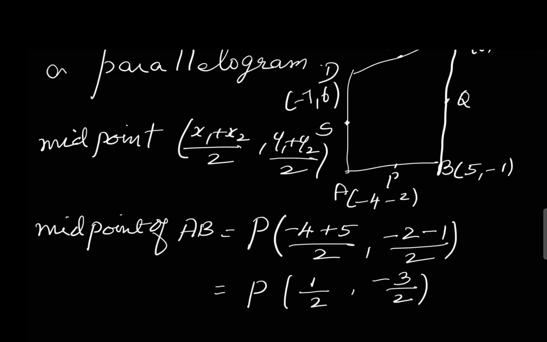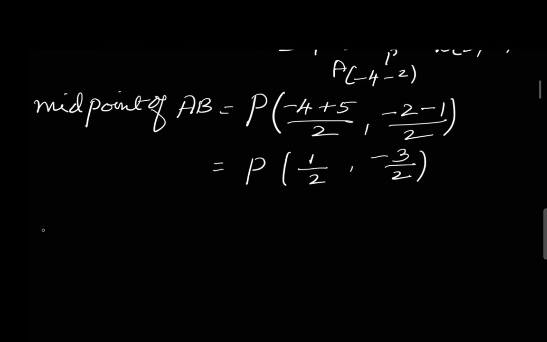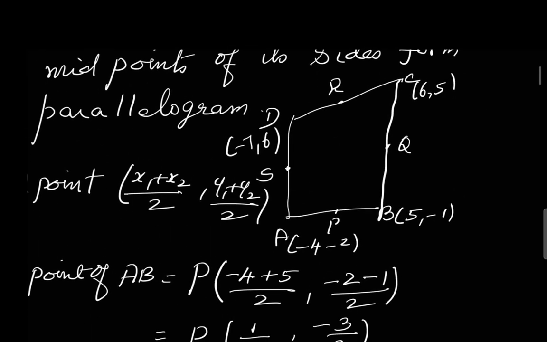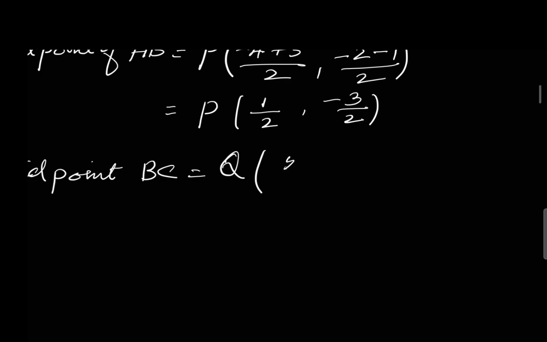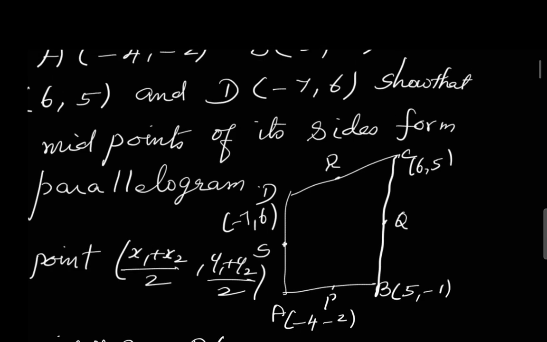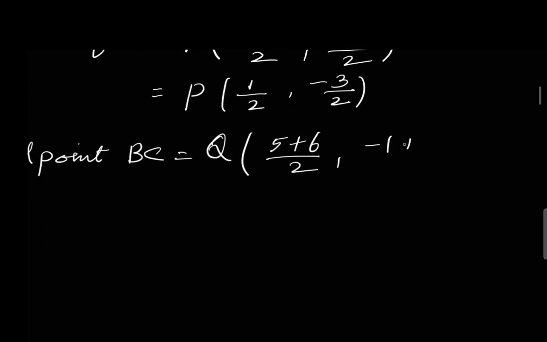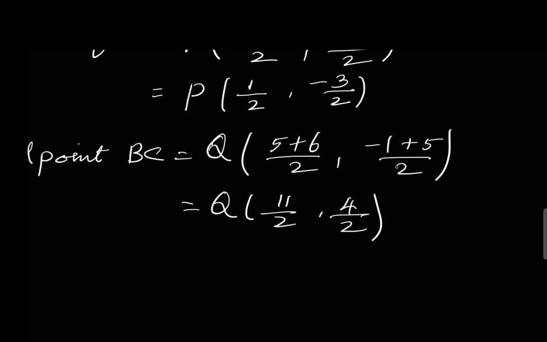Next is the midpoint of BC, which we marked as Q. So 5 plus 6 by 2, minus 1 plus 5 by 2. 5 plus 6 is 11 by 2, and minus 1 plus 5 is 4 by 2.